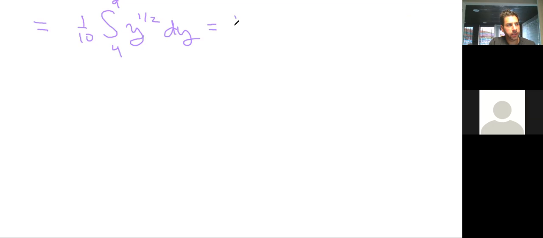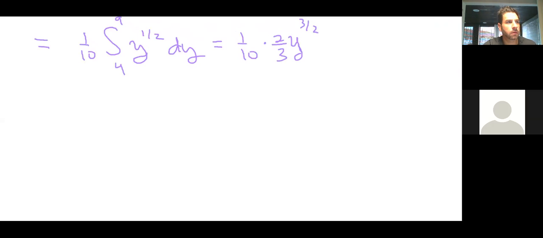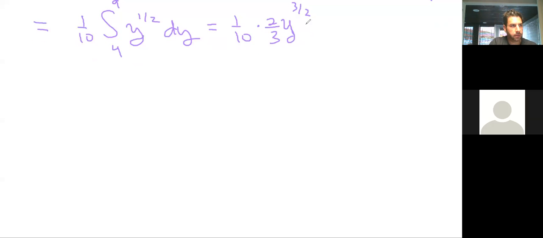So when you integrate this, this becomes y to the 3/2 divided by 3/2. But dividing by 3/2 is the same as multiplying by 2/3. And we will evaluate this from 4 to 9.